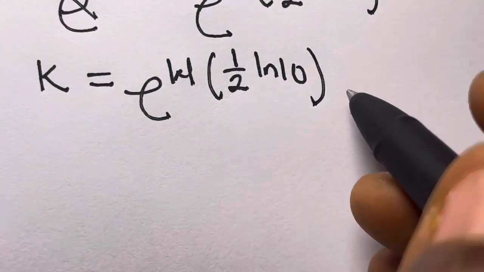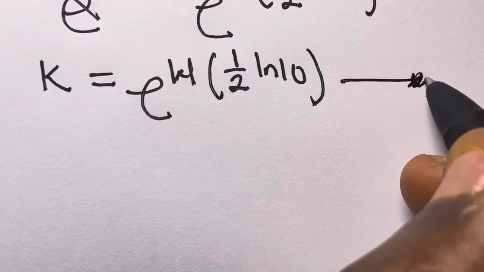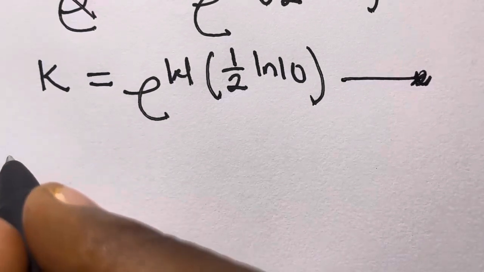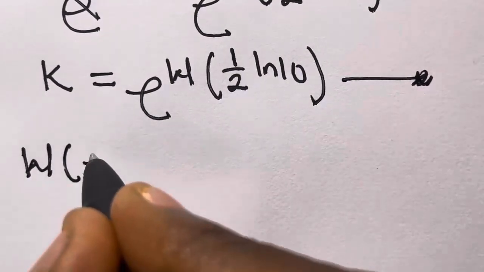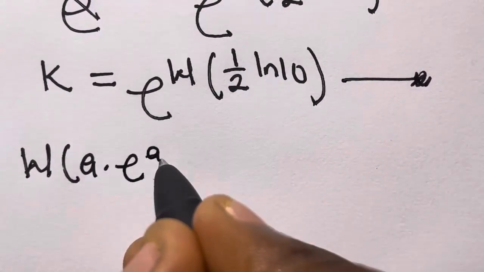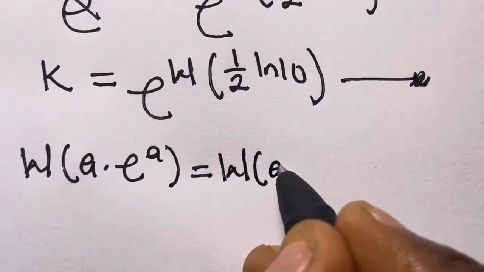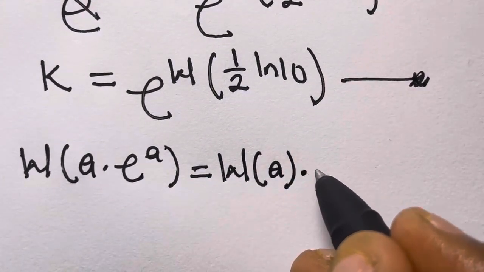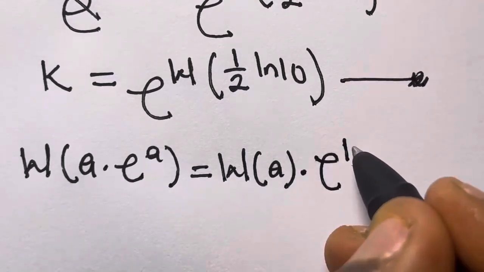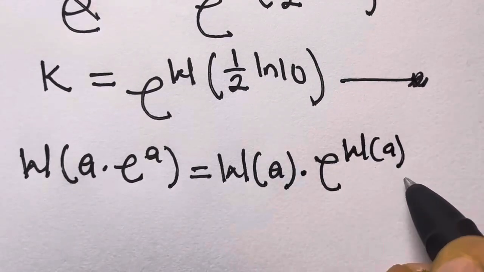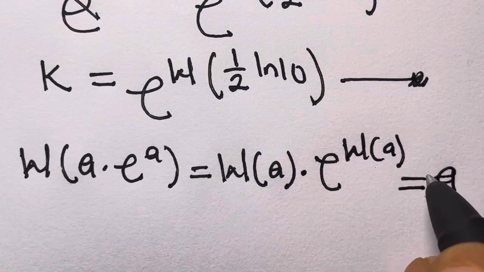You can star this. If you have the Lambert function of a multiplied by exponential a, this equals the Lambert function of a multiplied by exponential the Lambert function of a, which equals a.